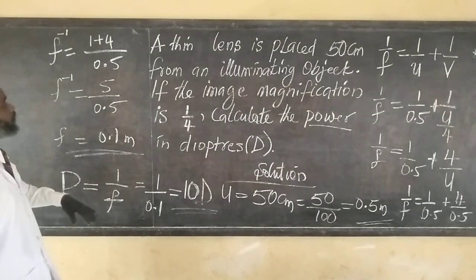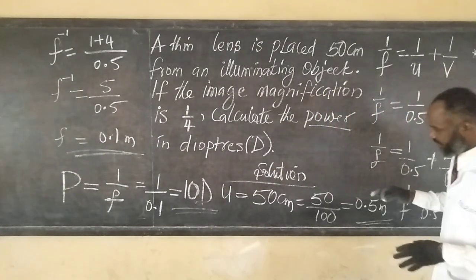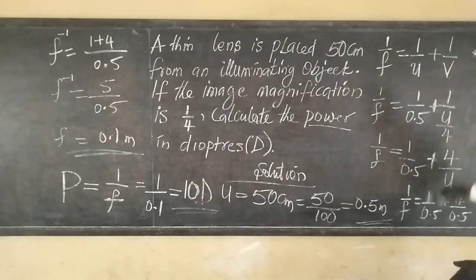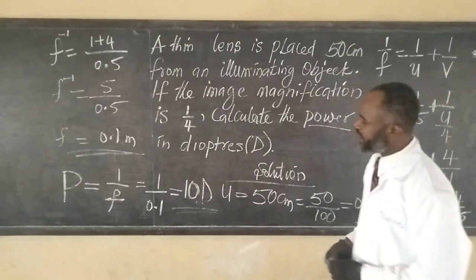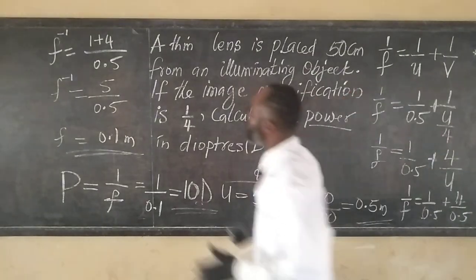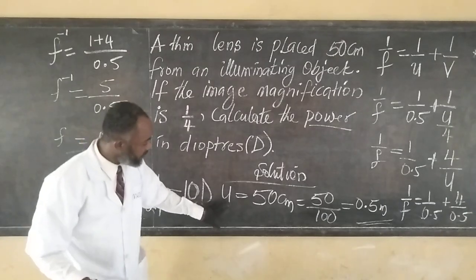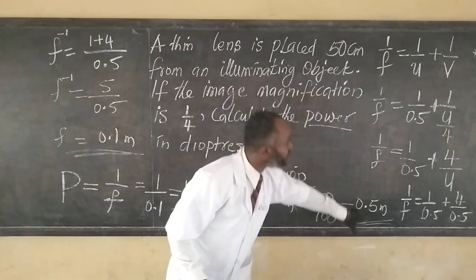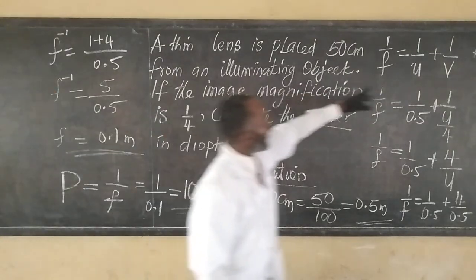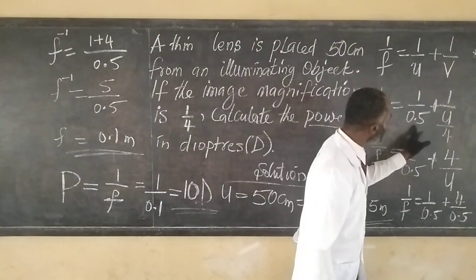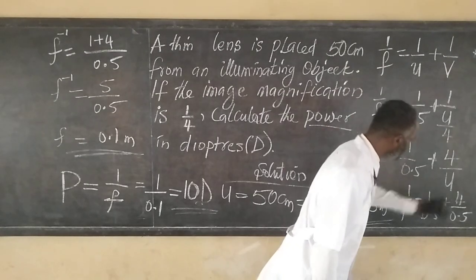So find out, are there any steps not clear? Put it in the comment section and we clarify it from there. But I think this is what it should be. Let's cross-check once again. The object distance is this. We convert to this, put down the things we're supposed to put down, substitute wisely, and for u as 0.5, we put it there.